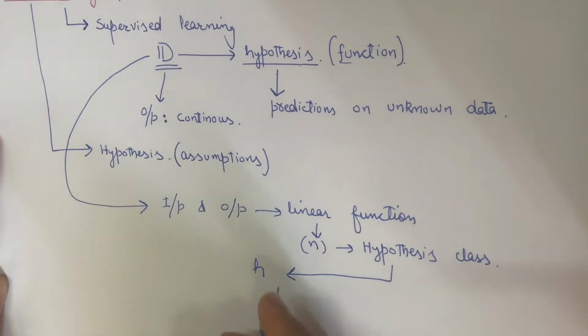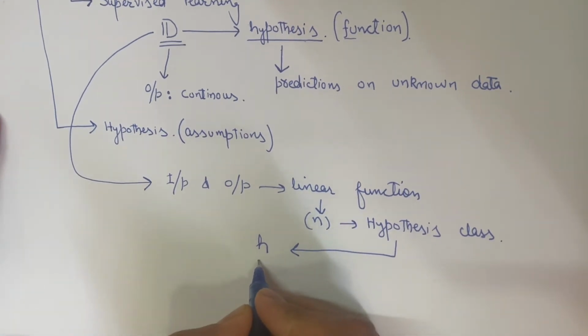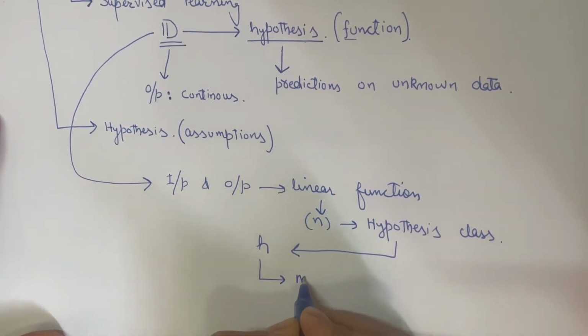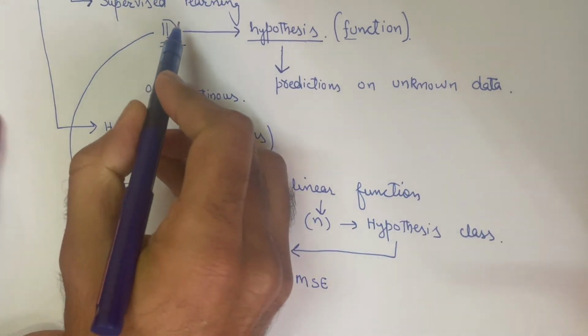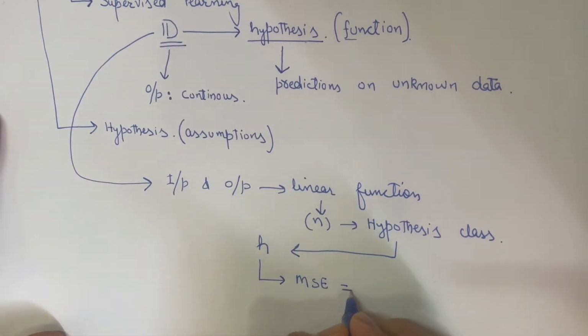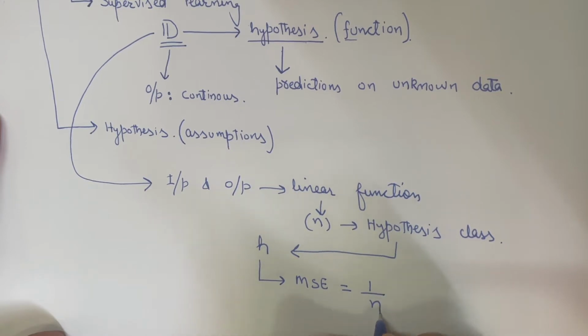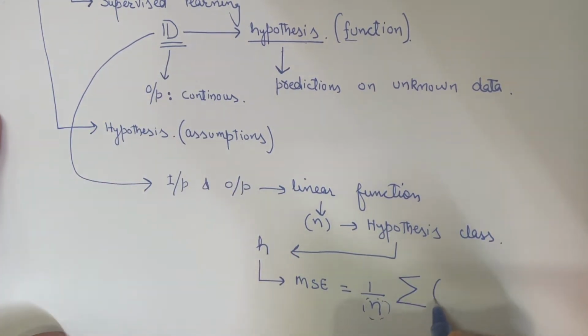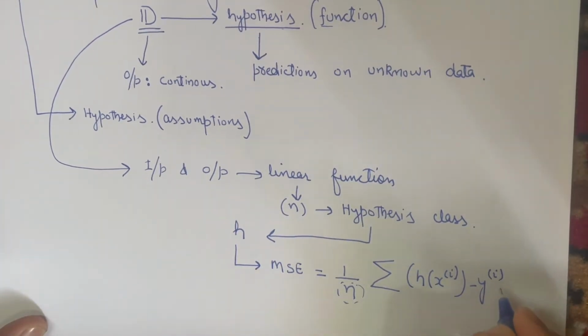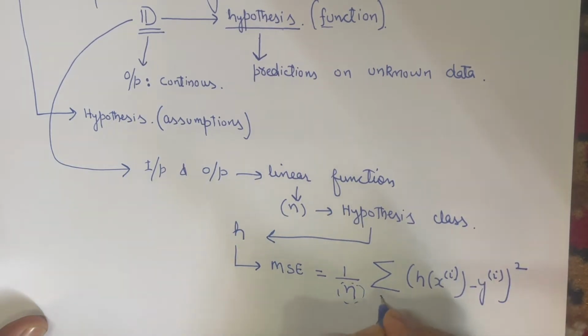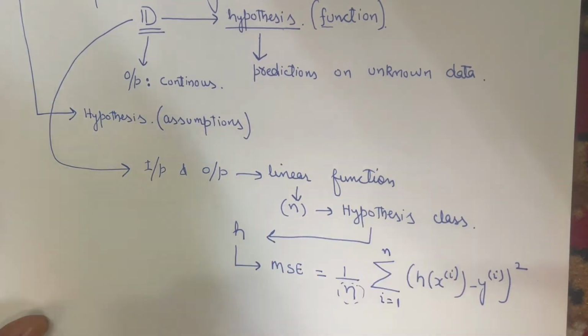And how are we able to find this hypothesis function? We will find the mean square error on the entire data set, and this mean square error is equal to 1 divided by n, where n is the number of data points in the data set, times the sum of predictions minus actual values, this entire thing squared, where i runs from 1 to n.